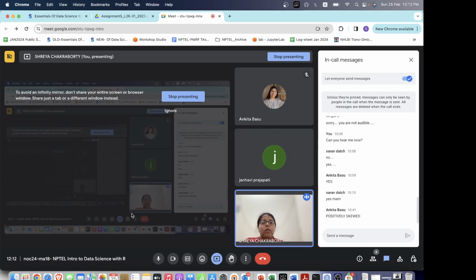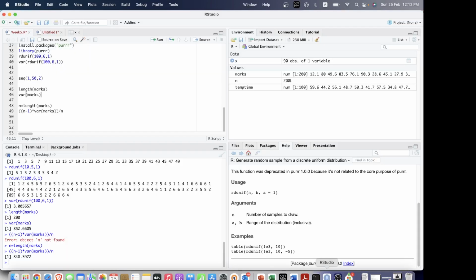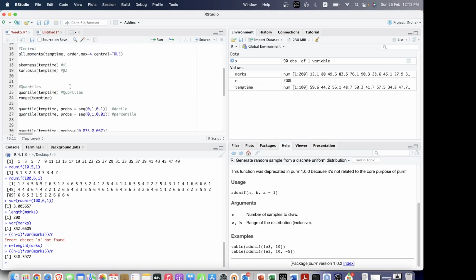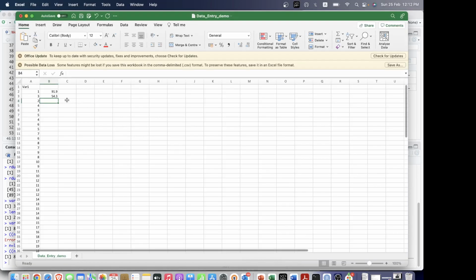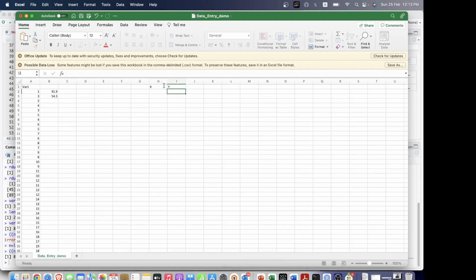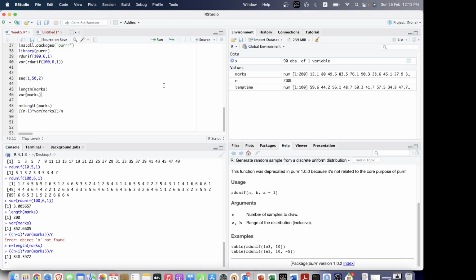Okay, coming back to Ankita's question. Whatever functions you learned today, try to simulate this. You make a few columns x, y, z, something like this. Make a very large data set, save it as a CSV, do data equal to read.csv, and then enter your file path.